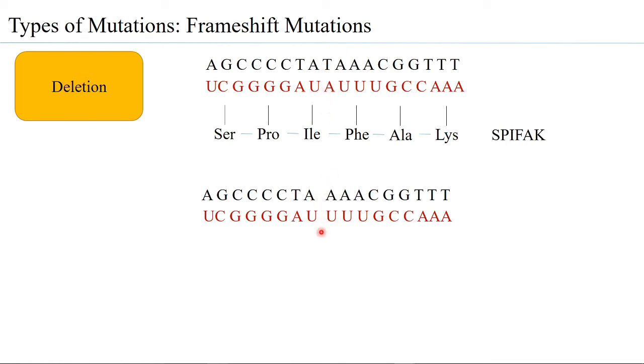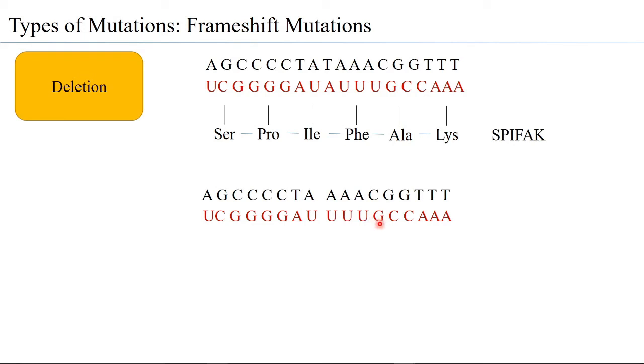Now the TA not being there, what is going to be read is AU and this U now. So the AUU. So the next codon is going to be AUU. And thereafter the entire reading frame changes because what was UUU earlier now will be read as UUG. It has shifted by one nucleotide.